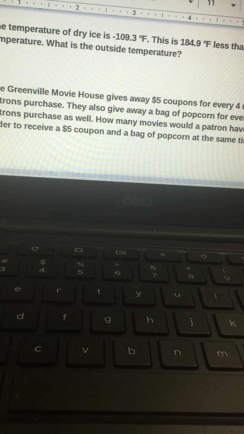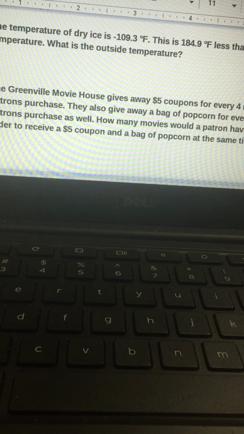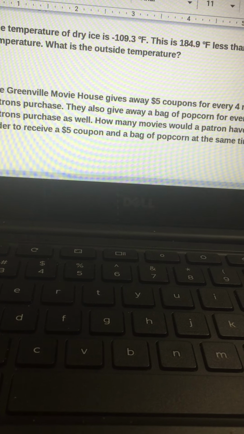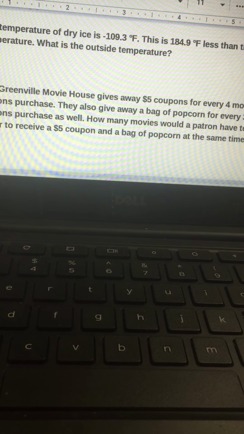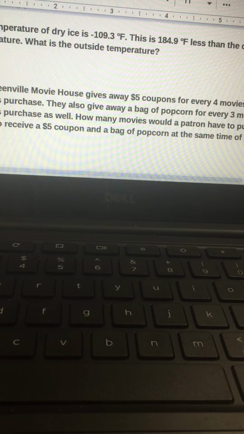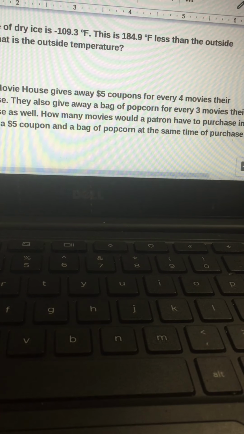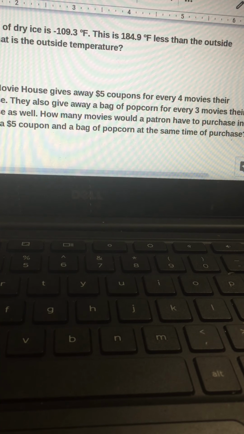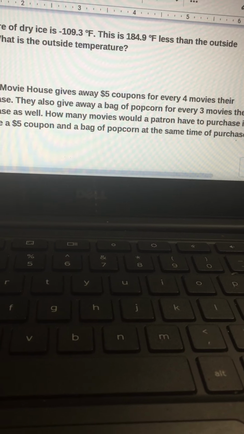All right, so when you think of this problem, think of ratios, and also least common multiples or least common factors. Okay, so let's set it up. I'm going to set it up my way. Your way might be a little bit different. It says that for every 4 movies, you get a $5 coupon.